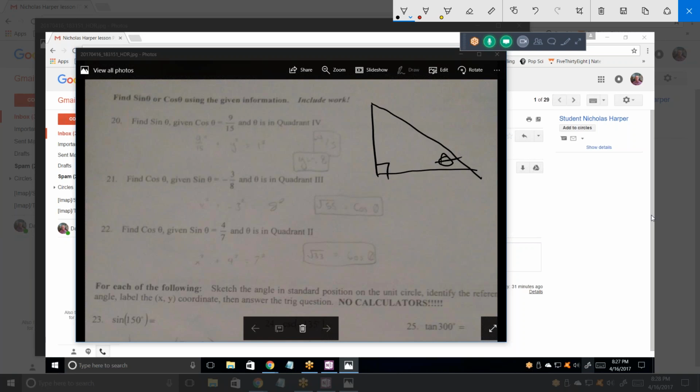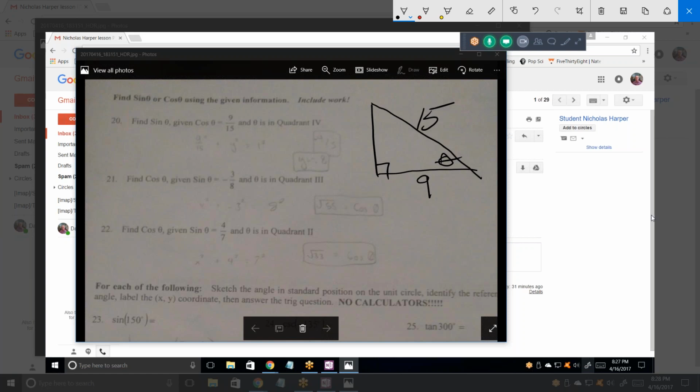Now, dimension that triangle as much as you can. Tell me what its sides are that you know at the moment. Bottom side is what? 15 or 9. Hypotenuse is 15. Okay.